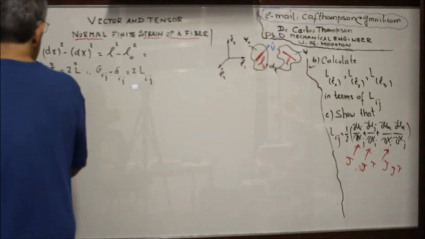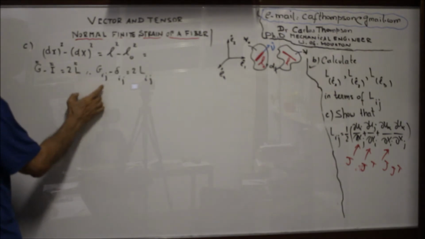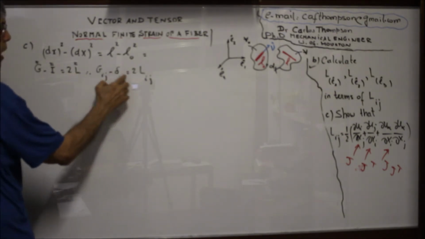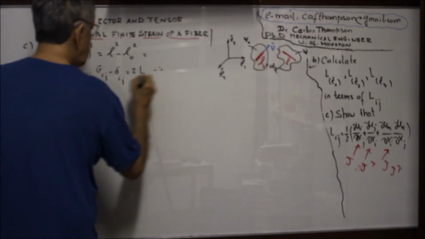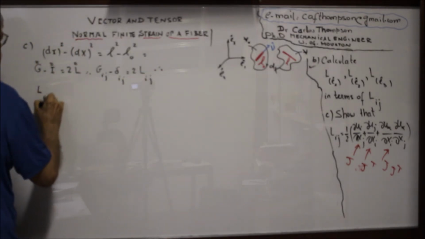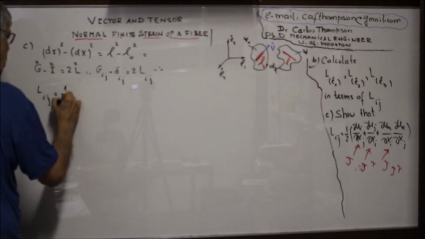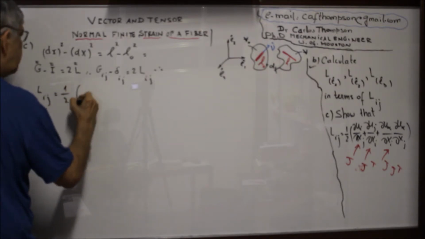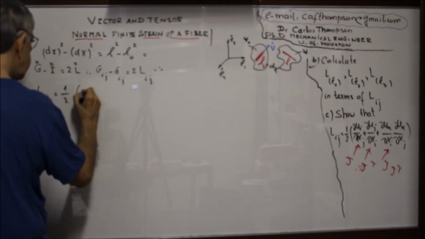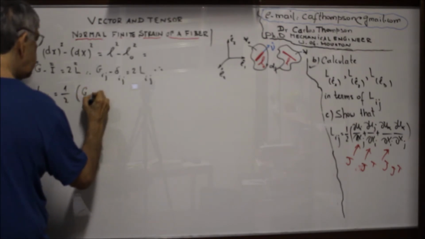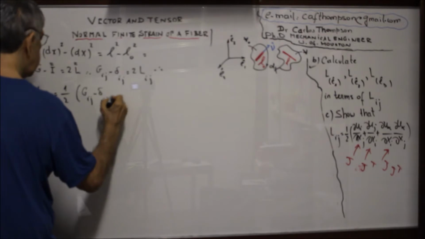Now, from the definition, you can write G_ij minus delta_ij is equal to L_ij. So L_ij is equal to 1/2 of G_ij minus delta_ij.